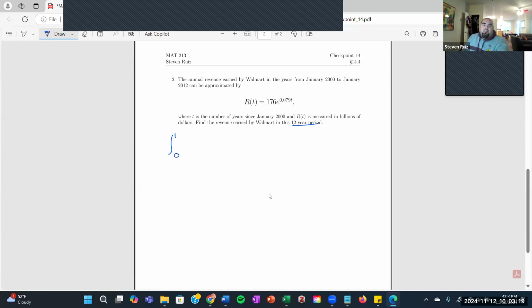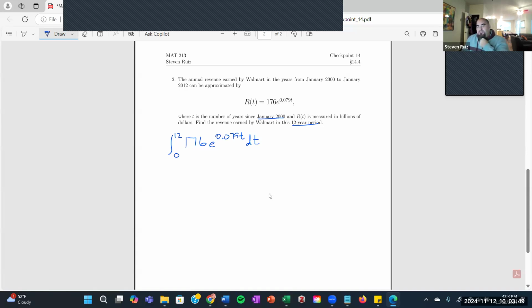So I'm going to integrate from 0 to 12 because I want to start at January 2000. And I've told you that T stands for the number of years starting at January 2000. So I want to integrate this function, 176 times e to the 0.079t dt. So what's the antiderivative of 176 times e to the 0.079t?